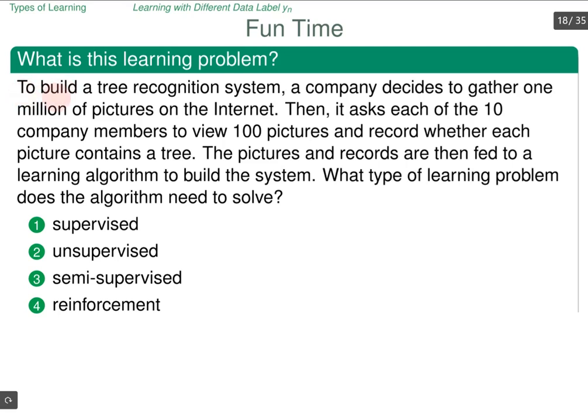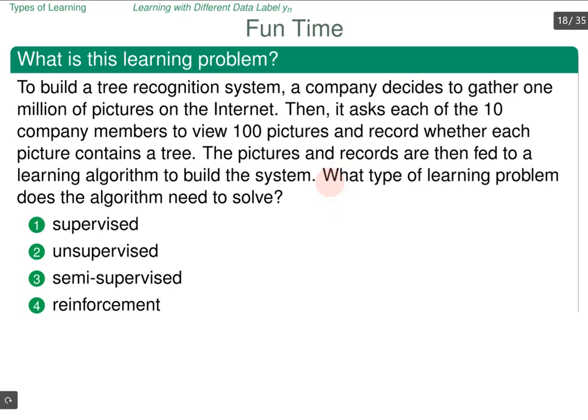Here, to build a tree recognition system, a company decides to gather 1 million pictures from the internet. Then it asks each of 10 company members to view 100 pictures and record whether each picture contains a tree. The pictures and records are then fed to a learning algorithm to build a system.